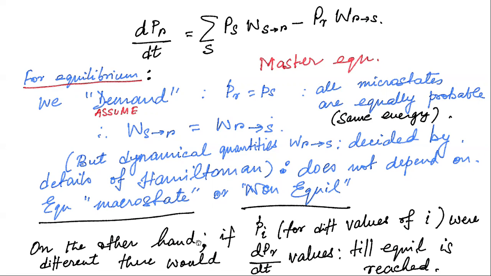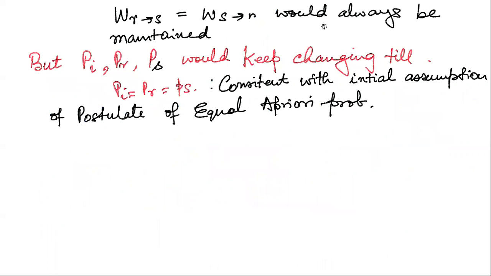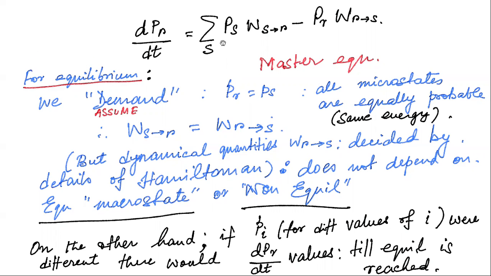However, if a system is in non-equilibrium, then the probability of being in different microstates or quantum states will be different. Suppose P_R and P_S were not equal, that is, the system was not in equilibrium, then since W_SR equal to W_RS, there will be corresponding changes in dP_R/dt till they become all equal.